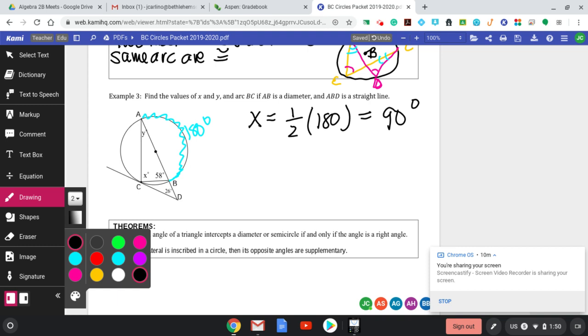Okay, so we now know that that's a right angle, which makes Y a little bit easier, right? So I know 180 degrees in a triangle. I know one angle is 90, the other is 58, so I can subtract those and end up with 32 degrees. All right, and then finally, it's asking for the measure of arc BC.